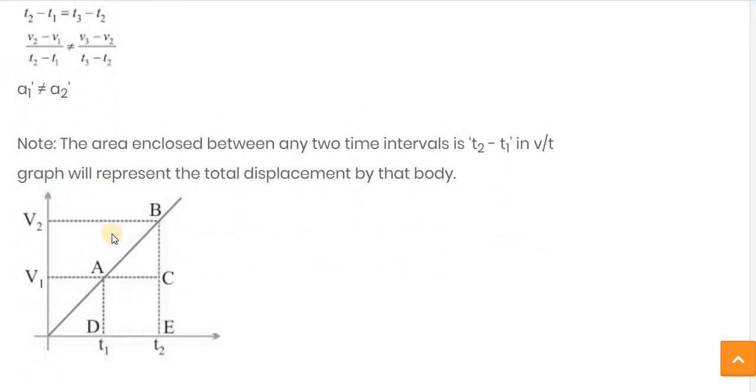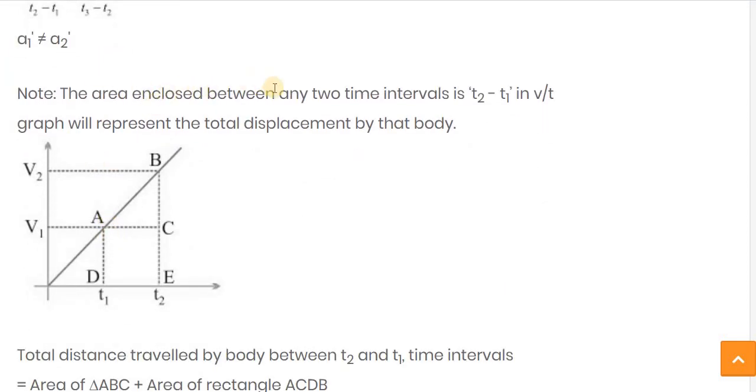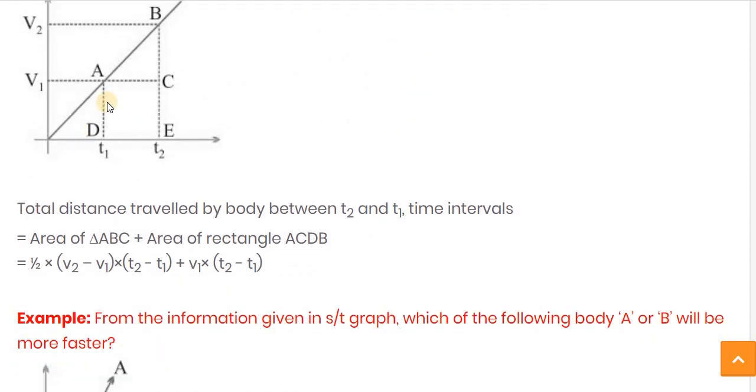Let's see it one more time. The area enclosed between any two time instants, T1 and T2, in a velocity versus time graph represents the total displacement of the body. Here you can see, if we draw perpendicular lines from points A and B to the x-axis and the y-axis, then this area is covered by the total distance traveled by the body between T1 and T2.